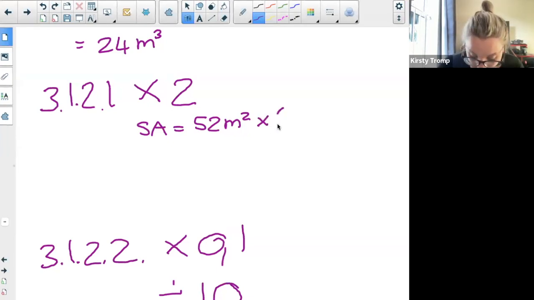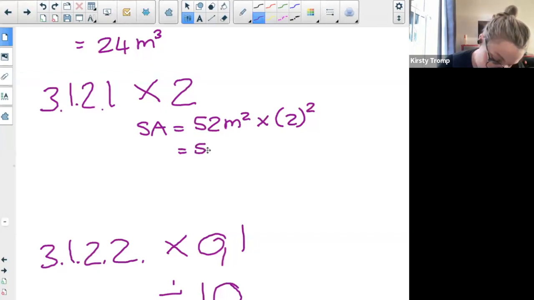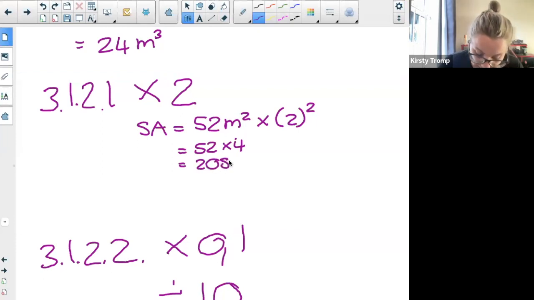I must say times by 2 to the power of 2. Why to the power of 2? Because surface area is always squared. So I'm going to say 52 times 4, and that's going to give me 208 meters squared.